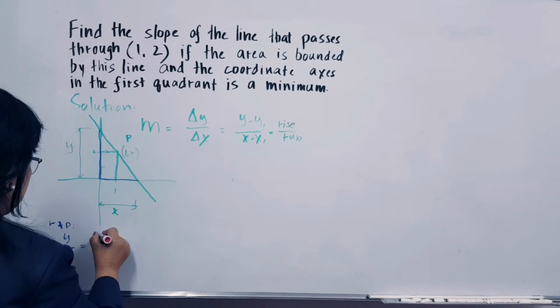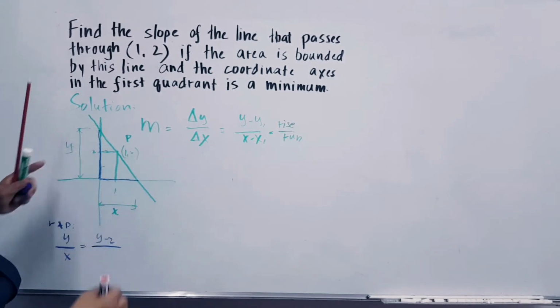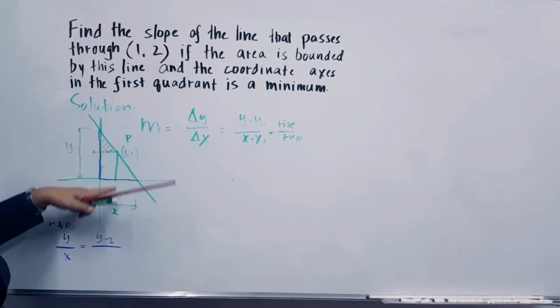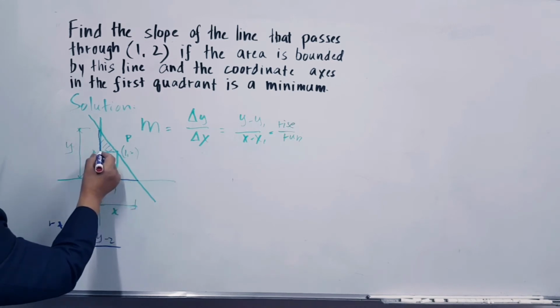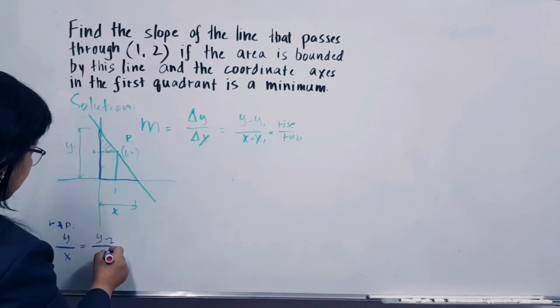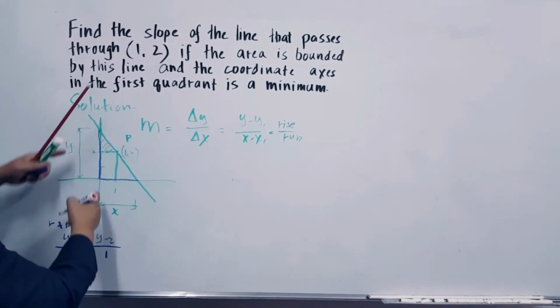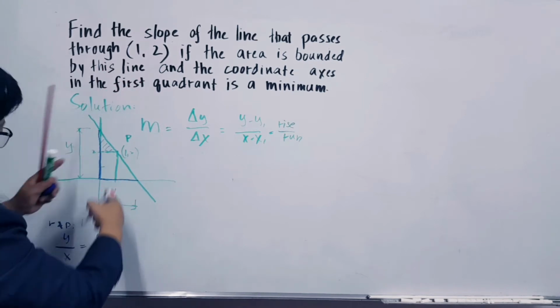So y minus 2 over, what is the x? The x here is equal to 1, because from here to here is equal to 1. So y is to x is equal to y minus 2 over 1.